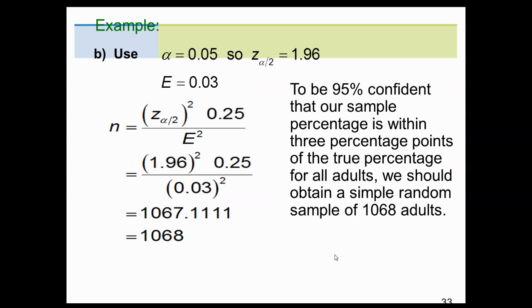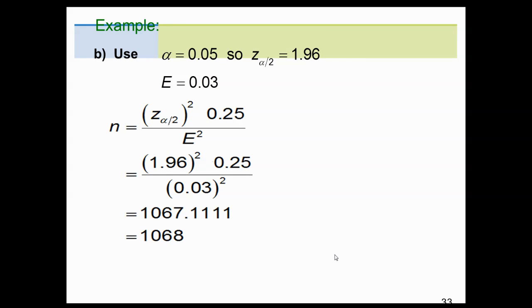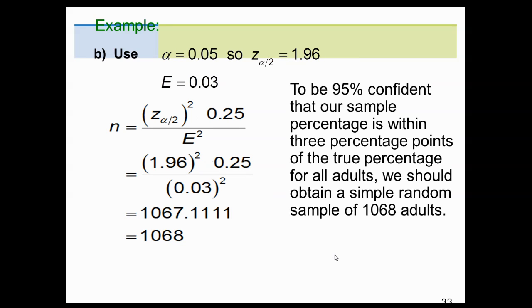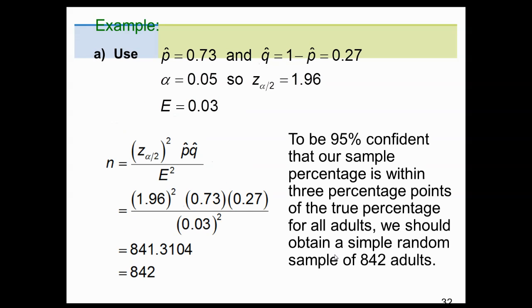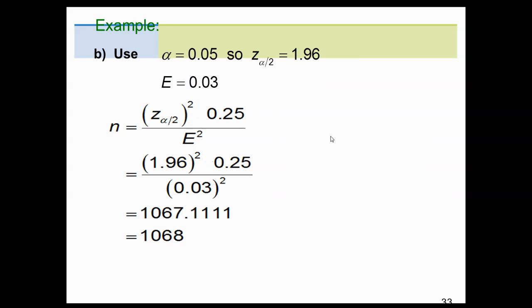All right. I went a little fast here. All right. So let's assume part B now, we don't know what p hat is and q hat. Here we were told that p hat was 73%, 0.73.